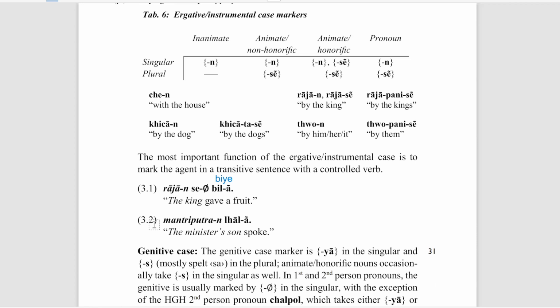And the second sentence, Mandri Pudrana Lahalan. Lahalan is the verb from lahaye, to speak. And Mandri Budra, so Mandri is minister, Budra is son, so the son of the minister, and Na is the ergative ending. So the minister's son spoke.